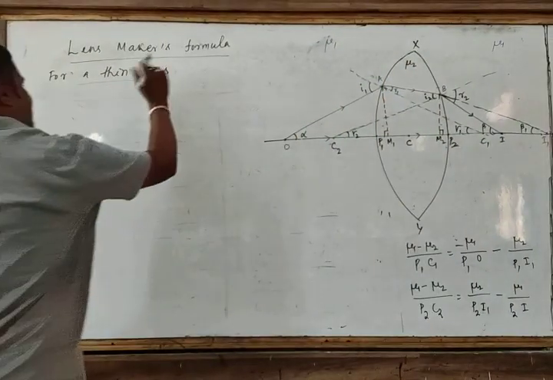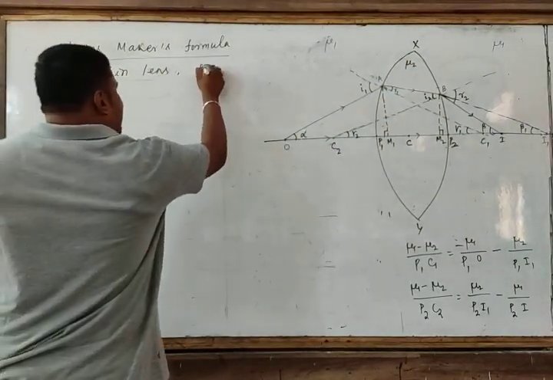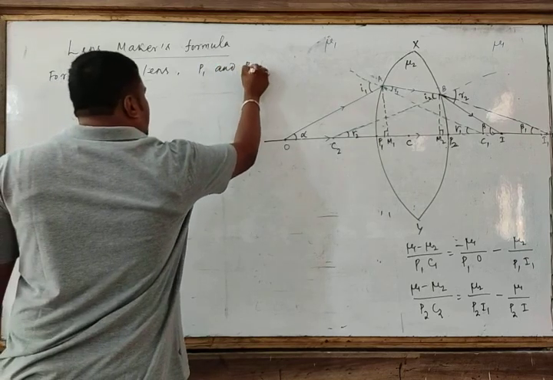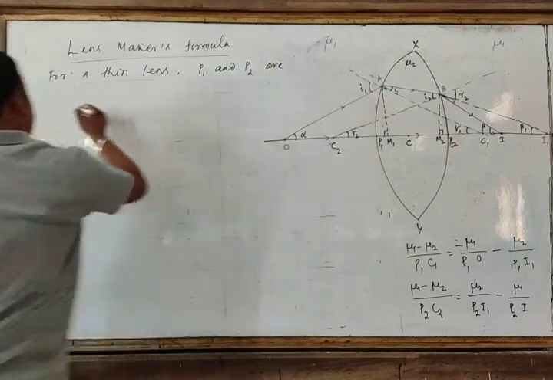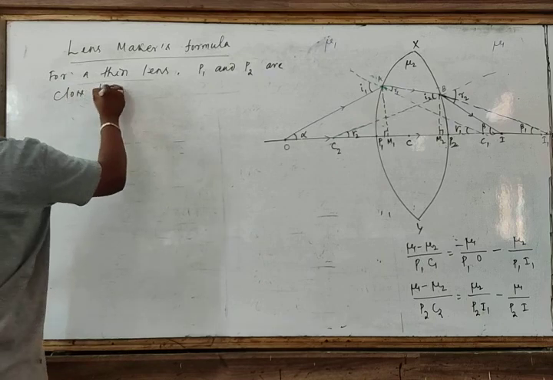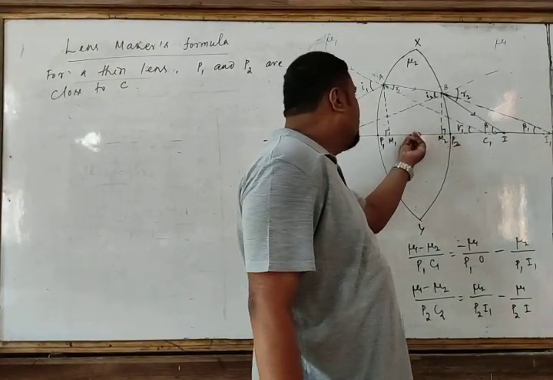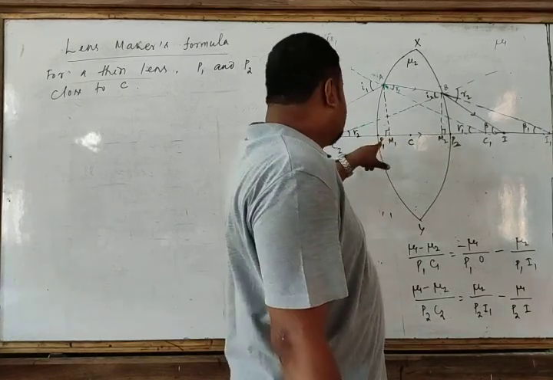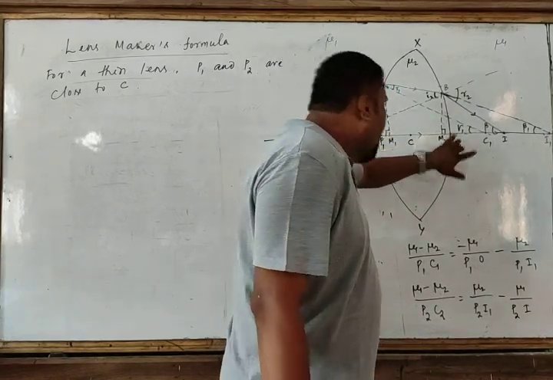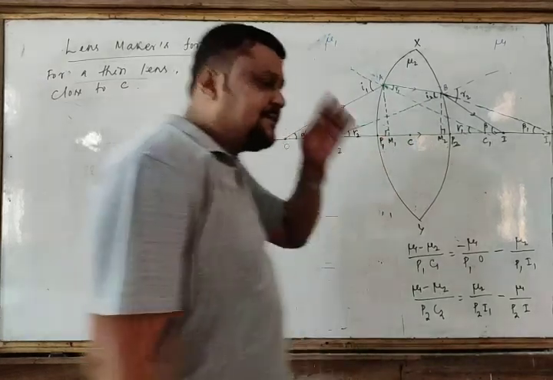So for a thin lens, P1 and P2 are close to C, the optical center of the lens. P1 and P2 are all C, meaning the distance measured from P1 or P2 is the same as that measured from C.